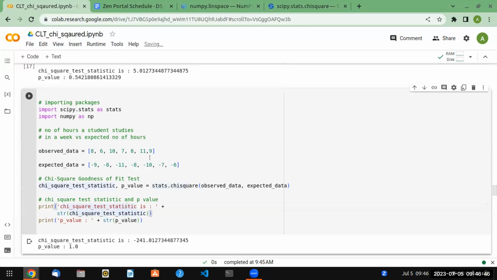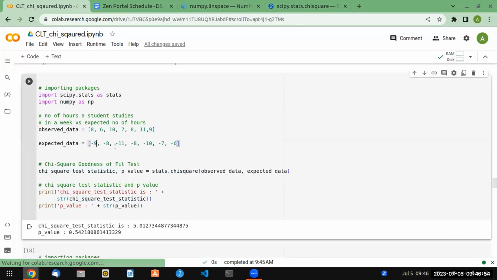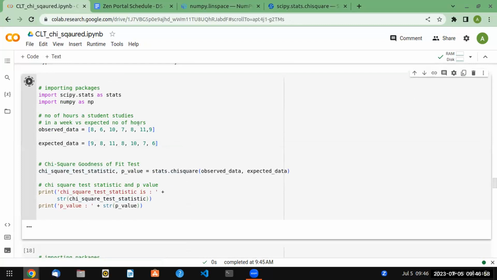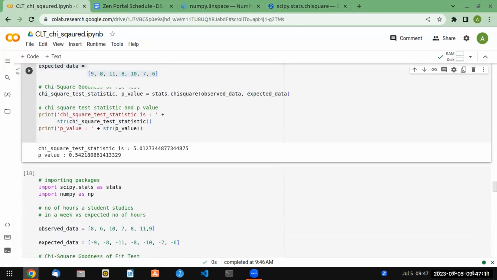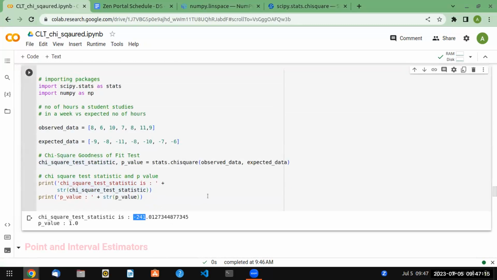In this case, I ran it with non-negative numbers. So here you can see this is a bit similar to each other because I am getting 5 point something as my chi-square test statistic. But here I am getting 241, that also with a negative sign. That means totally opposite.